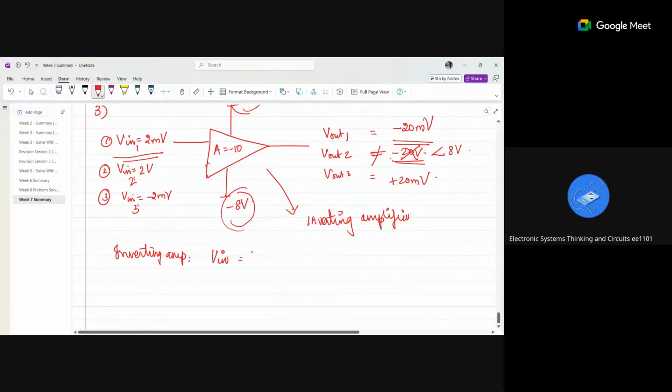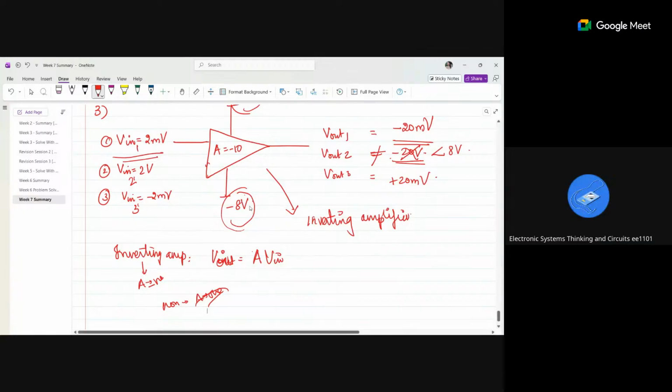For both, V out will be equal to A times V in. For inverting amplifier, A will be a negative value. For non-inverting amplifier, A will be a positive value. That is the difference.